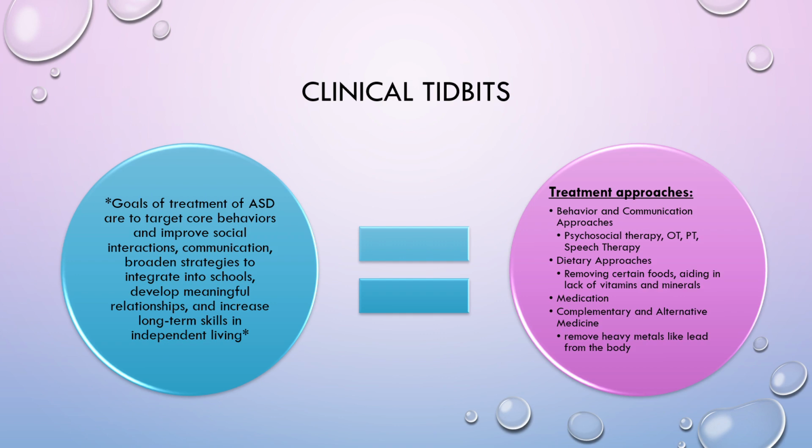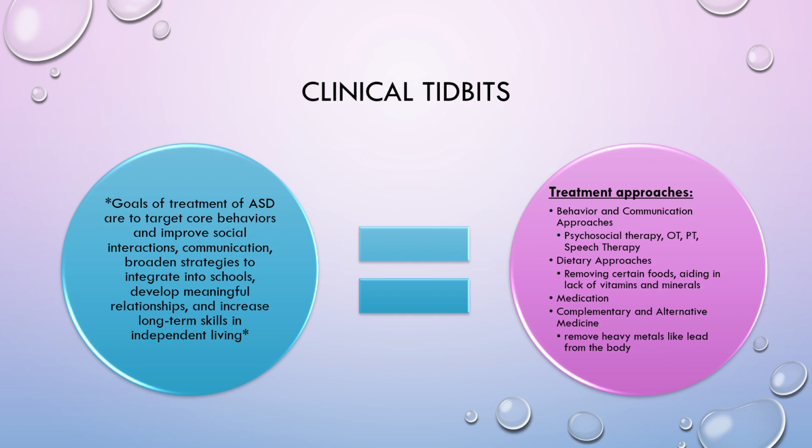Maybe it is treatment approaches such as we have to get them to therapy, okay? Work on cognitive behavioral therapy, different types of working with them on their thinking, their emotions, occupational, physical, and even speech therapy if there are some developmental delays. Dietary approaches, there's beliefs about removing certain foods such as red food dyes. Maybe people will go on to the gluten-free, and even aiding in, maybe there's a lack of vitamins and minerals that we can supplement.